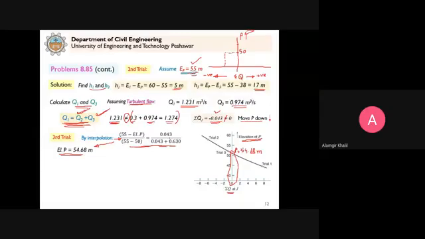For that value, what was the value? 0.630. So here for this plus 50 we get a plus value. This is negative, clear?